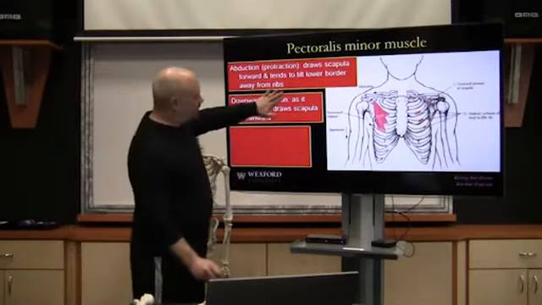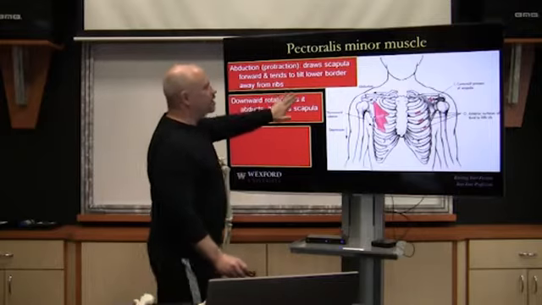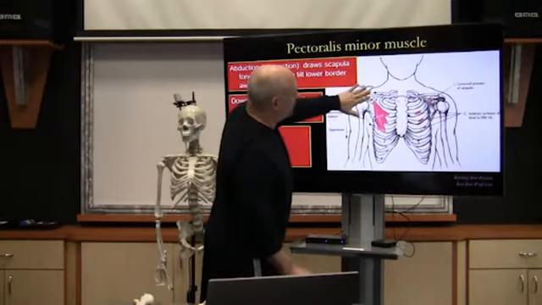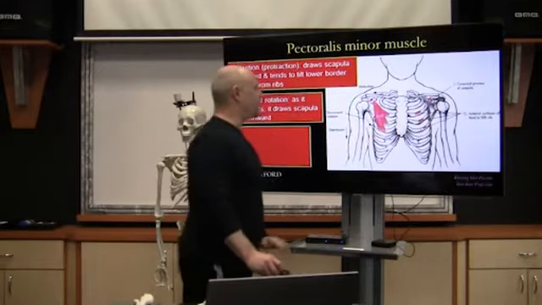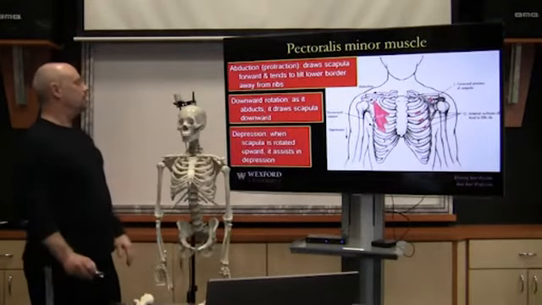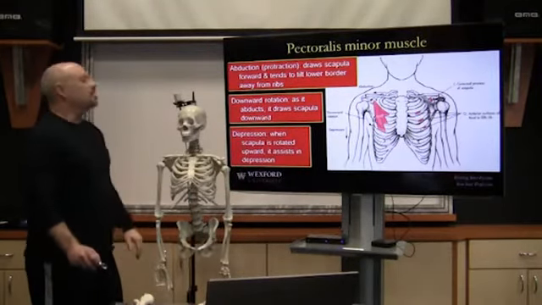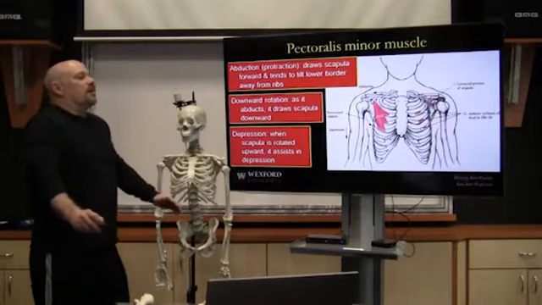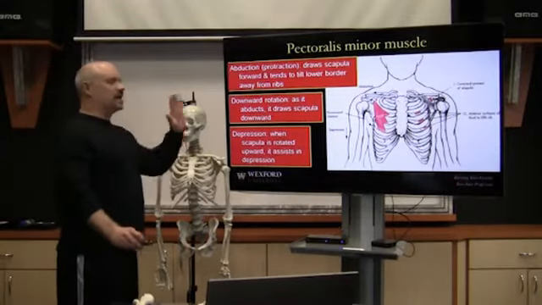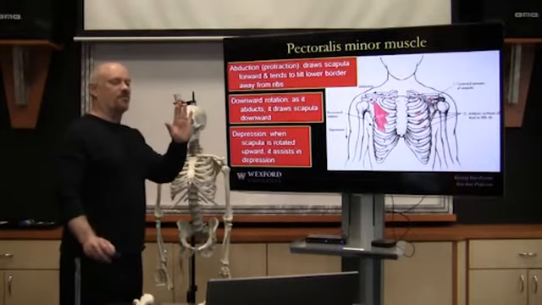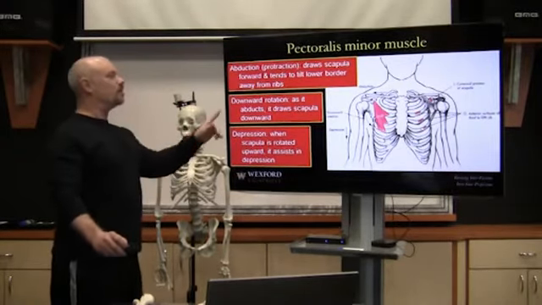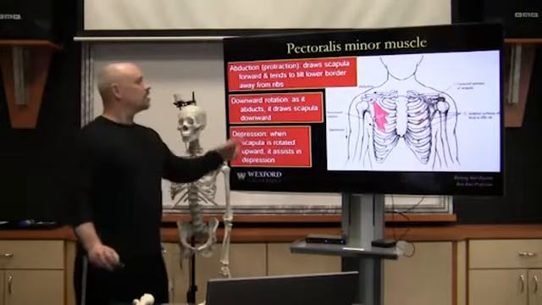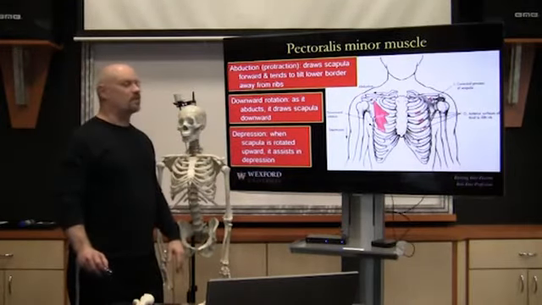Remember, if you're up here in upward rotation, when these contract, they're going to pull it down in downward rotation. It also causes depression. So if you're on the back side of the scapula, like trapezius number 4, the lower traps, can cause depression of the scapula, but so does the pectoralis minor.